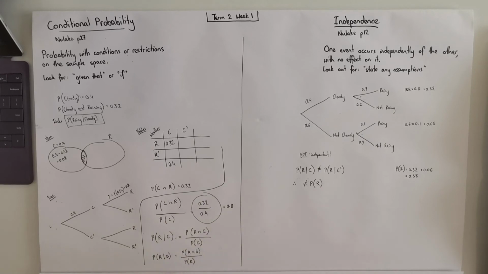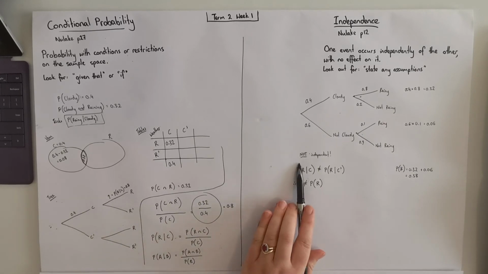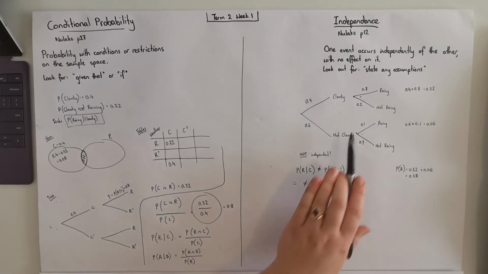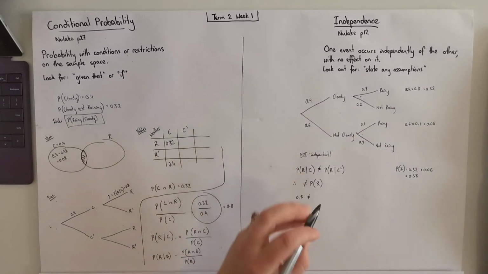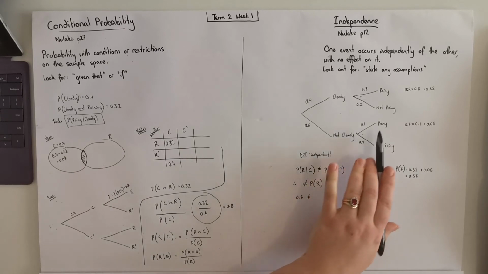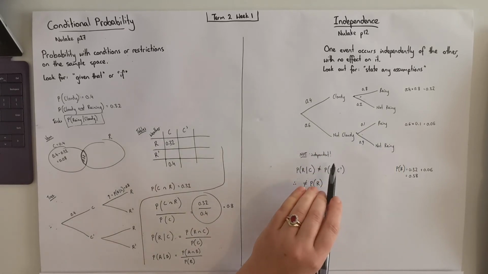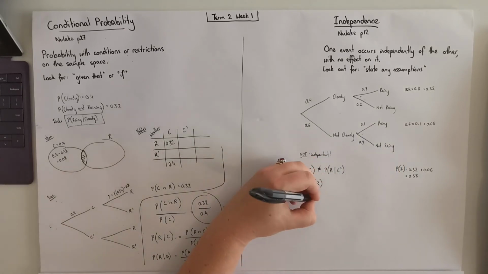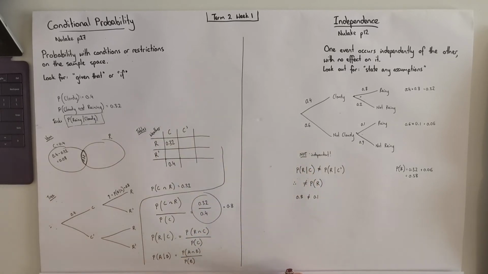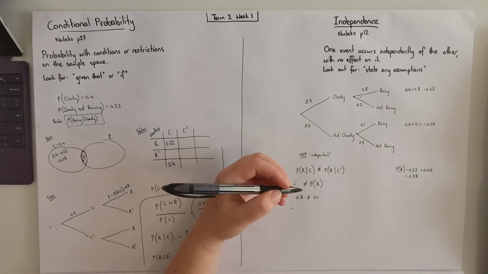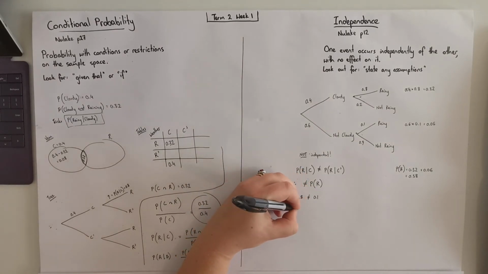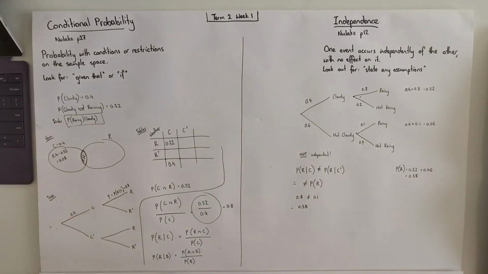Now we have all the numbers available to us. The probability of it raining given that it's cloudy was 0.8, which is not equal to the probability of it raining given that it was not cloudy, this one here, which is 0.1. And finally, what we've just calculated, the probability of it simply raining, 0.38.